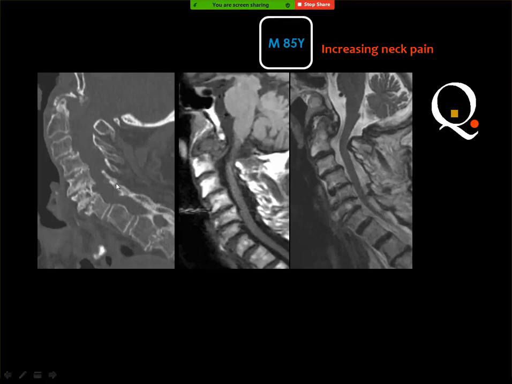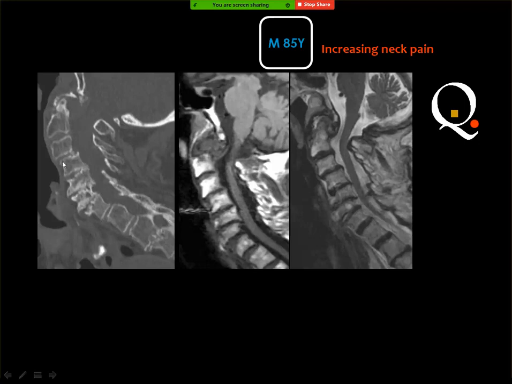Or spondylodegenerative changes in the cervical spine. This is an 85 years old male, and you can see spondylolysis of C3 over C4, retrolysis of C5 or 6 over C7, and degenerative narrowing of the disc spaces.